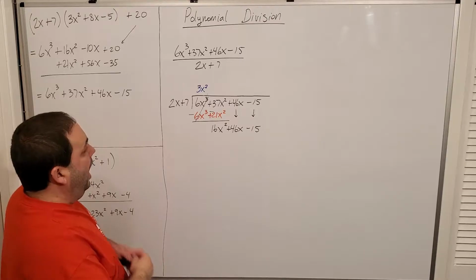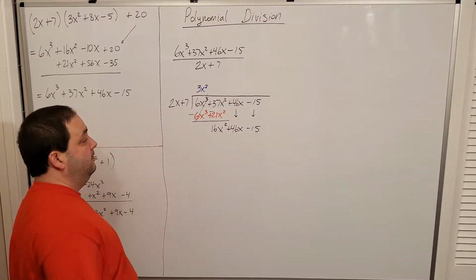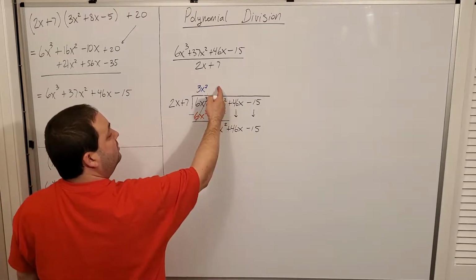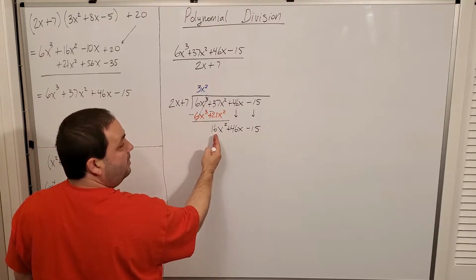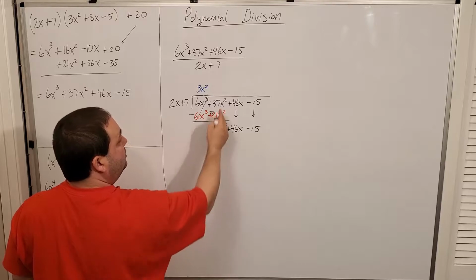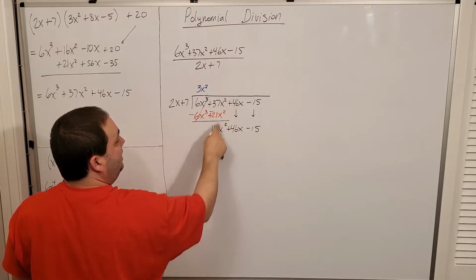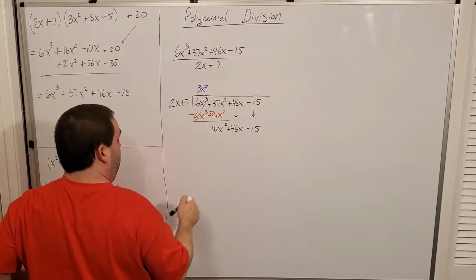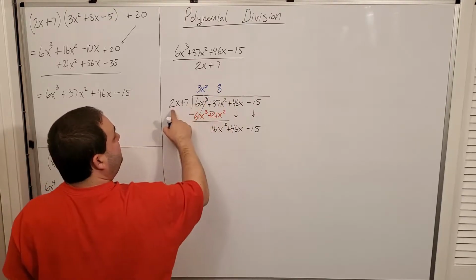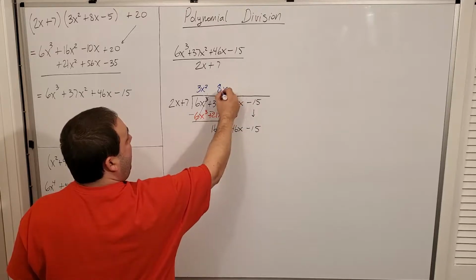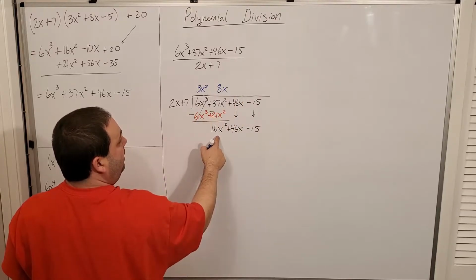From here, I start over again. What can I multiply by 2x so that I match, right? I want this to match up. So what times 2 is 16, and how many x's do I need, right? So 8 times 2 is 16, and x times x is x squared.